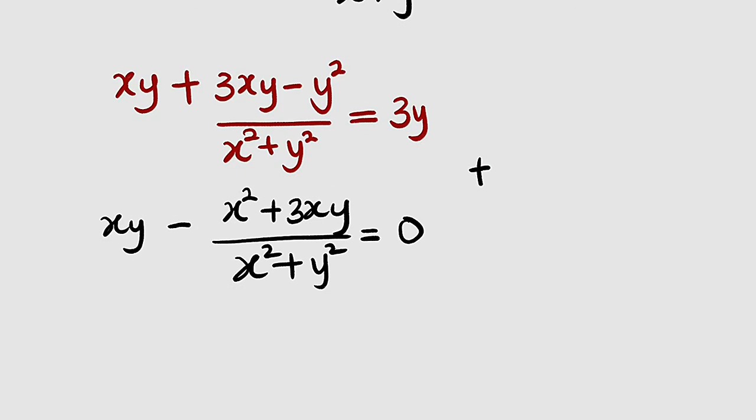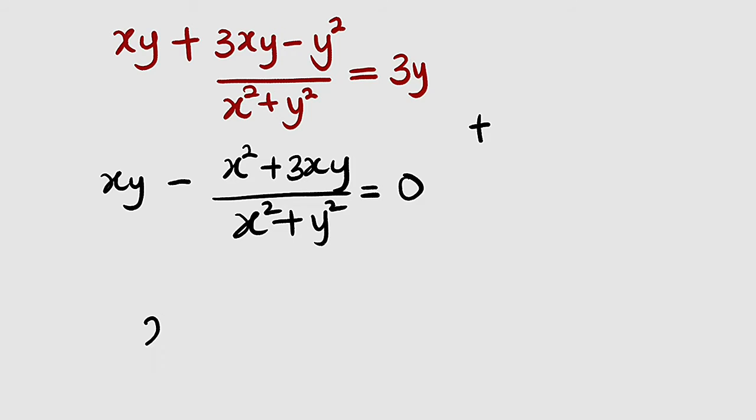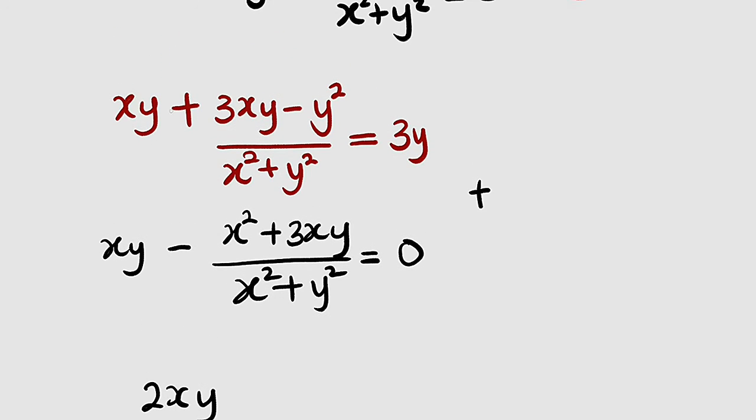By adding them, on the left hand side, we have xy plus xy equal to 2xy, right? Then the middle terms, we want to add them together, but negative will overpower positive sign, right? So we have 3xy minus 3xy is 0.